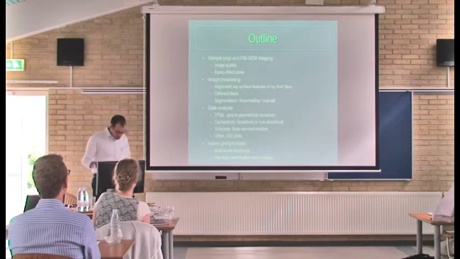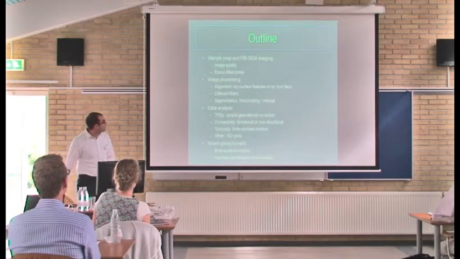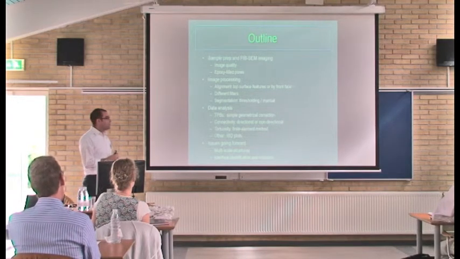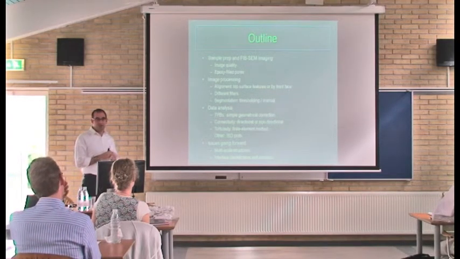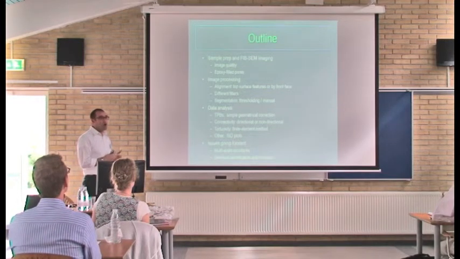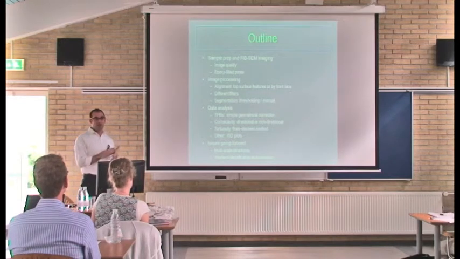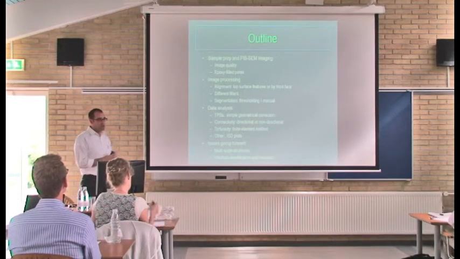So a quick outline. I'm going to start briefly with our sample preparation and looking at some of the images we've gotten with the FIB-SEM. Obviously, the quality of the images is paramount for automating this procedure, and that's really what all of this is aimed at doing: being able to automate this segmentation procedure.